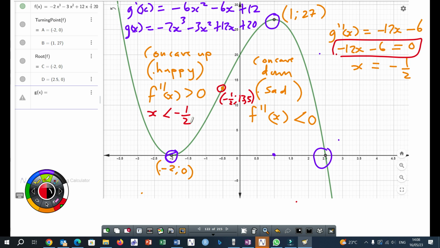The second derivative is only zero here at the point of inflection where the graph starts to change its concavity. To the left or to the right of the point of inflection, the second derivative is not zero. Am I answering you then?